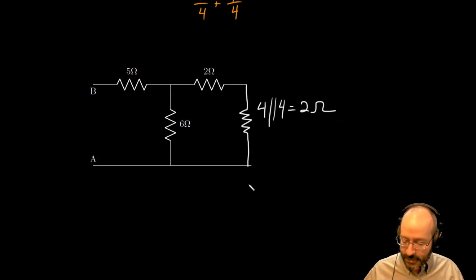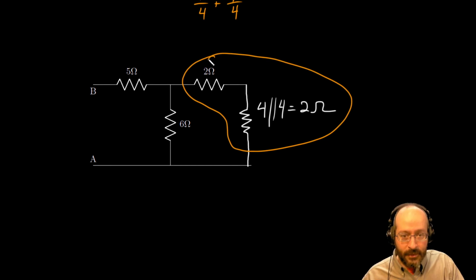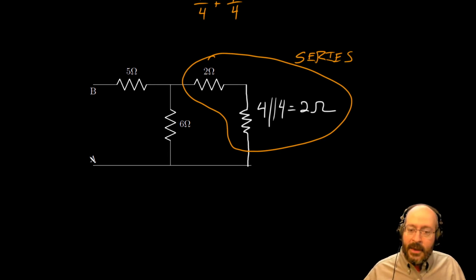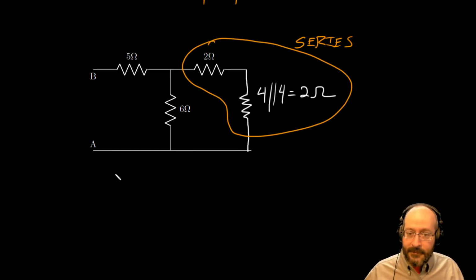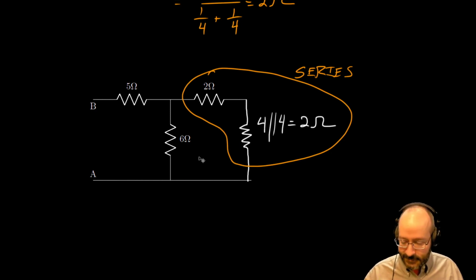I'm going to play the same game again. Let's mark that so that you have some record of why we're doing this. These are in series. Oh boy, let's see. I thought I was being all slick with my nice digital pad here.